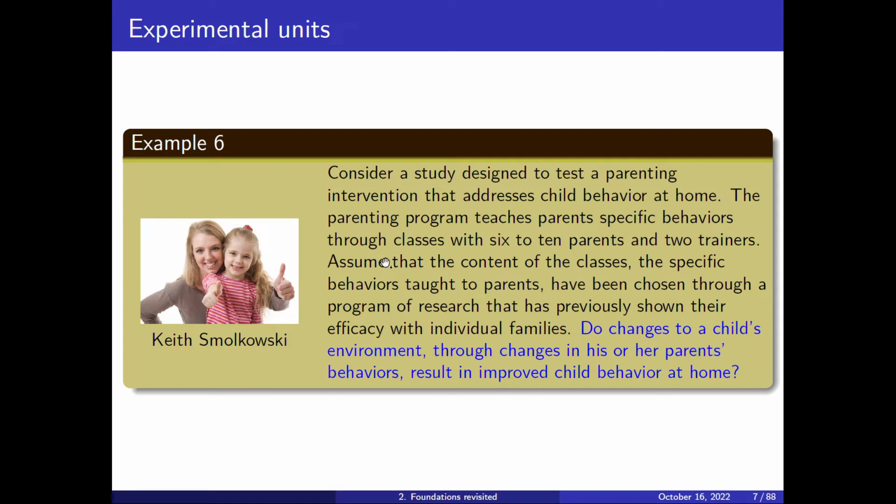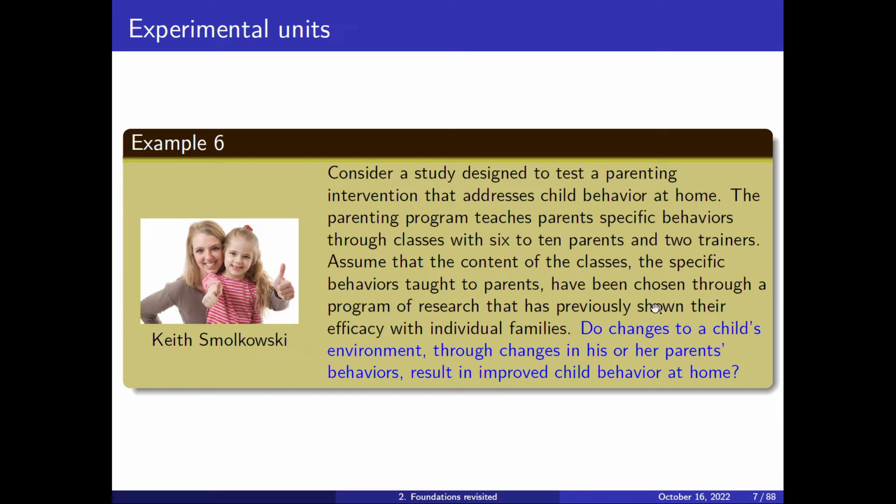Assume that the content of the classes, the specific behaviors taught to parents, have been chosen through a program of research that has previously shown their efficacy with individual families. So with individual families, they have tested these treatments, and then they want to see if by giving them in classes between 6 and 10 parents, they also have some effect on the behavior of children at home.